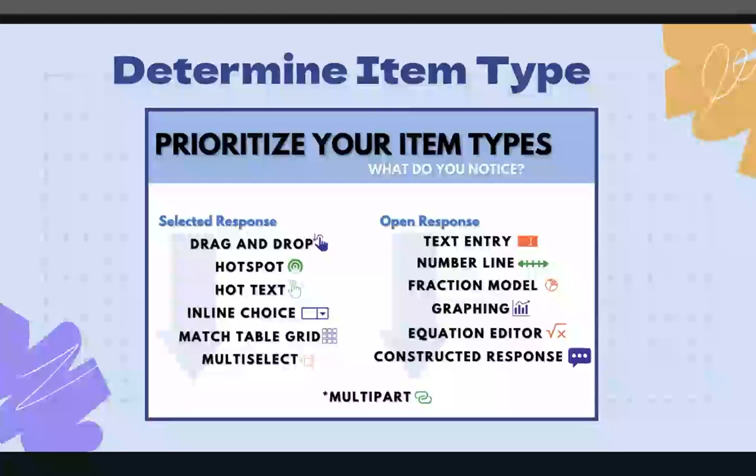So kind of thinking about and being really, really strategic about what is the question that best aligns with the kind of data that I want to collect based on the knowledge and skills I'm assessing on that standard, but also what kinds of data am I going to be able to analyze and then determine growth over time, and what does that look like on the grading, for lack of a better word, right?